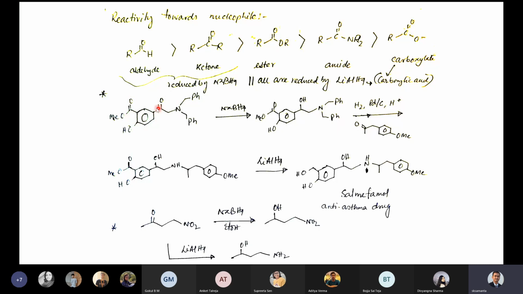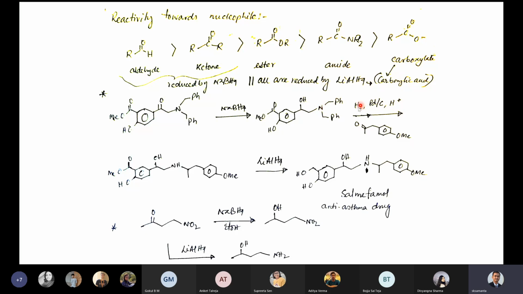So then here you get the OH. Now this CH2Ph group can be reduced with hydrogen. So they will form toluene, and it will form NH2.